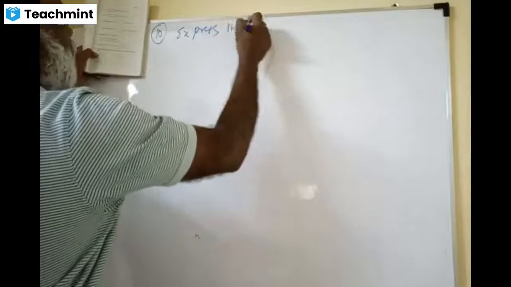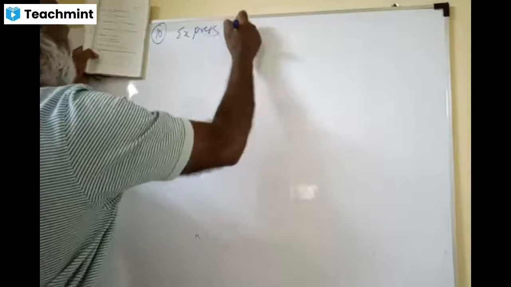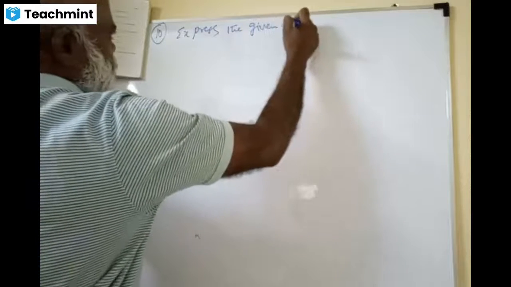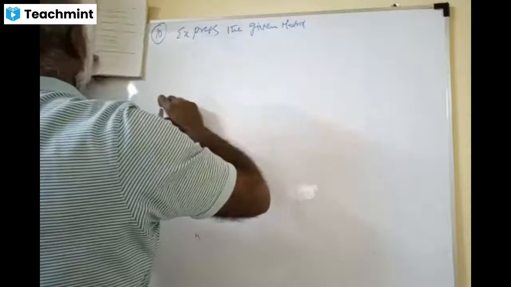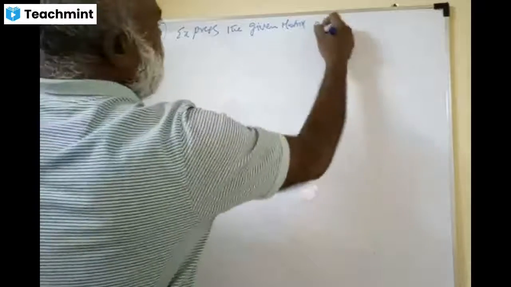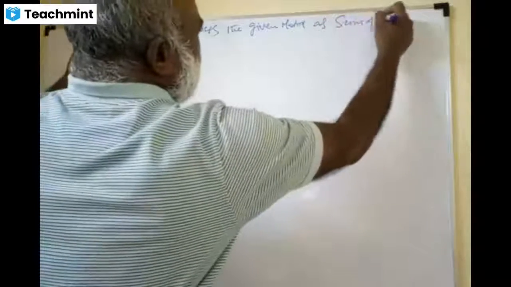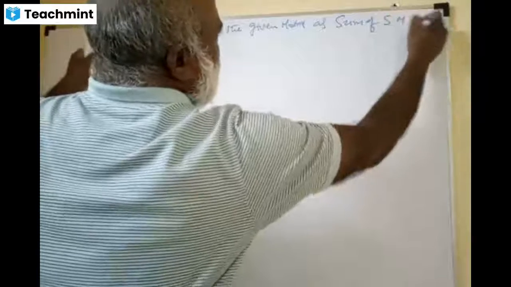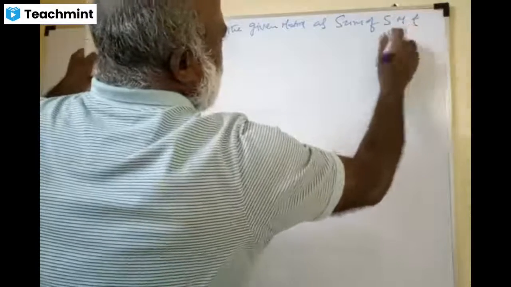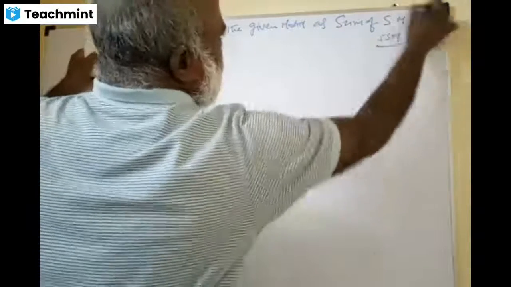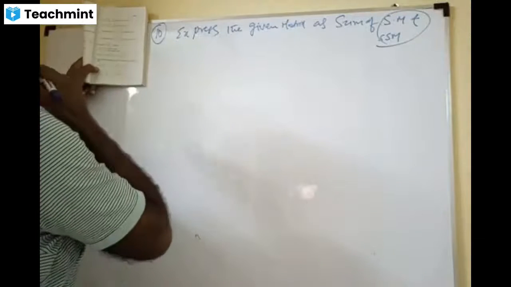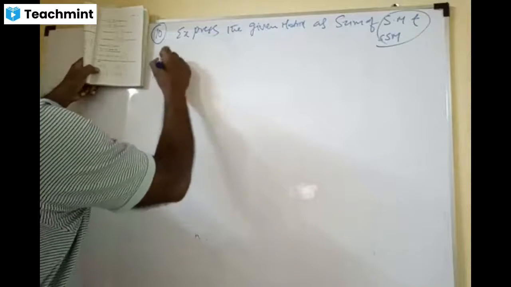Express the given matrix as sum of symmetric matrix and skew symmetric matrix. Okay, I'll take the second question.